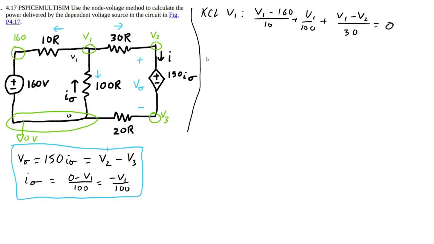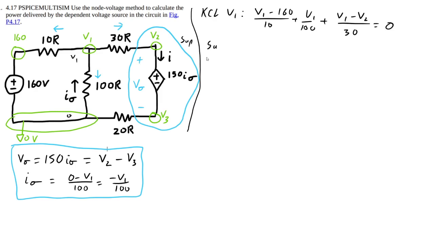We construct what's called a supernode. We basically will make this big node, in which we pretend that this source doesn't exist, even though it does in actuality. We're going to come back and find that later to find the difference between V2 and V3. So let's say that is our supernode.